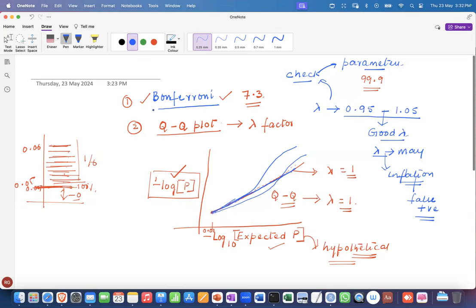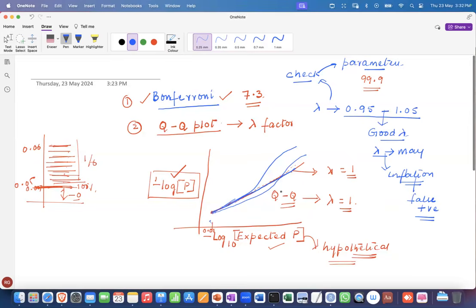I hope most of you have understood what a quantile plot is. A quantile plot is nothing but dividing the numbers. Every number has a quantile value, and similarly every number in the hypothetical distribution has a quantile value. Both the lowest values are plotted here, and likewise you keep on plotting.